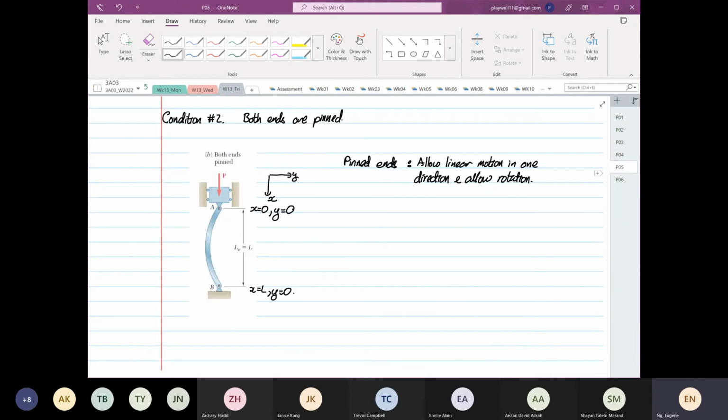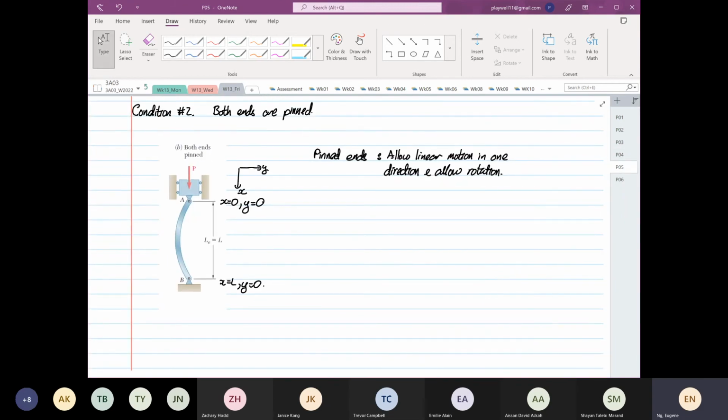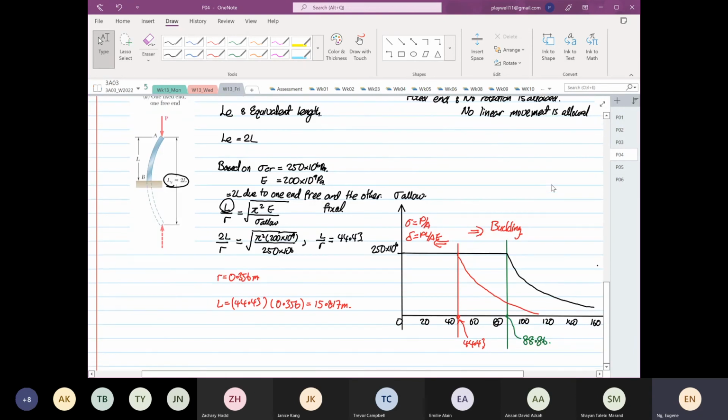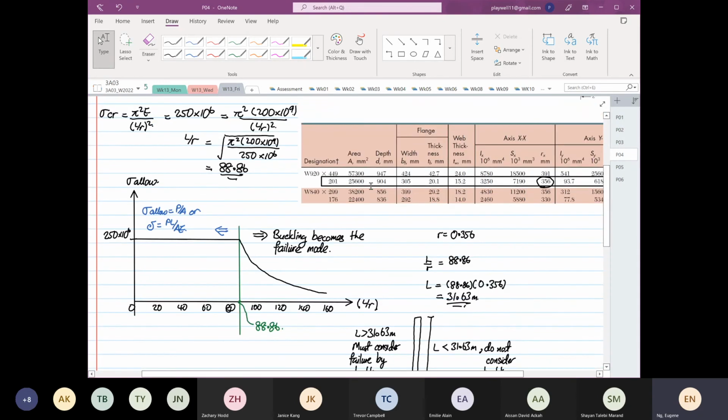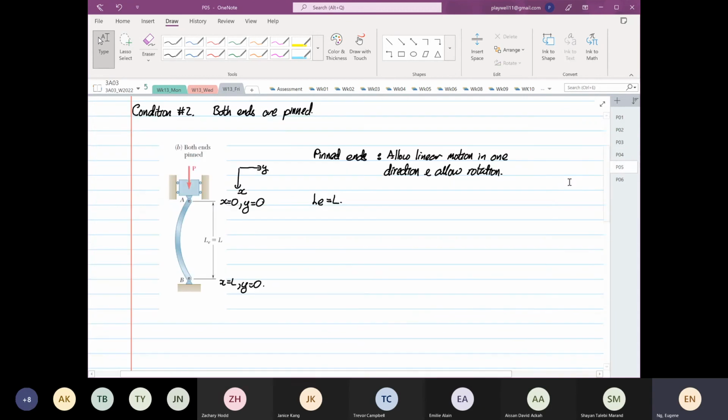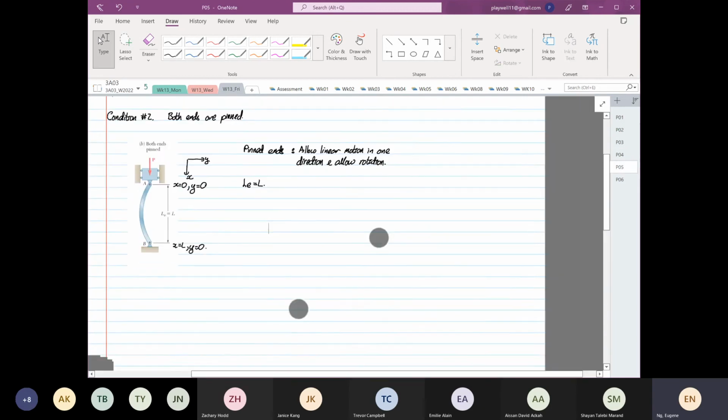So coming back to our problem over here, for this case the equivalent length is equal to L. It's exactly the same thing that we derived. So if I were to copy this entire graph, we don't need to do anything. It's exactly this condition.